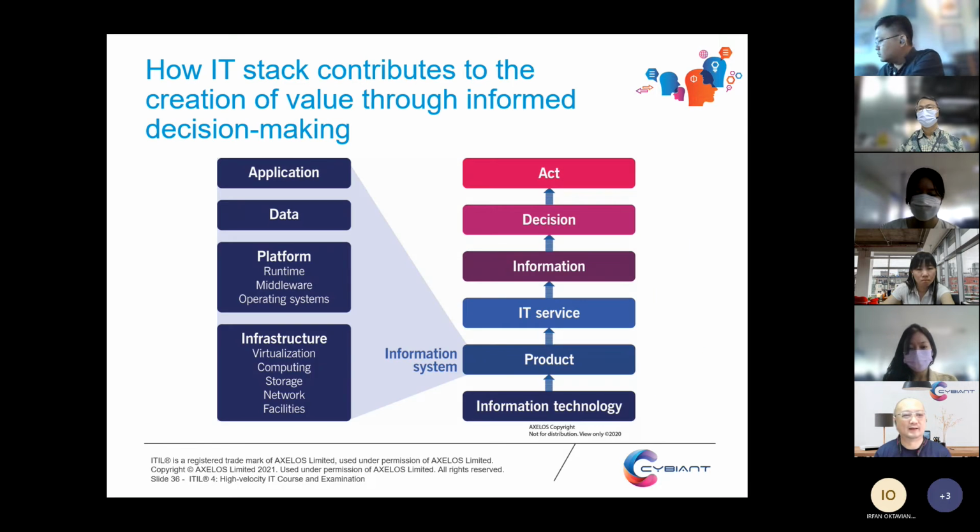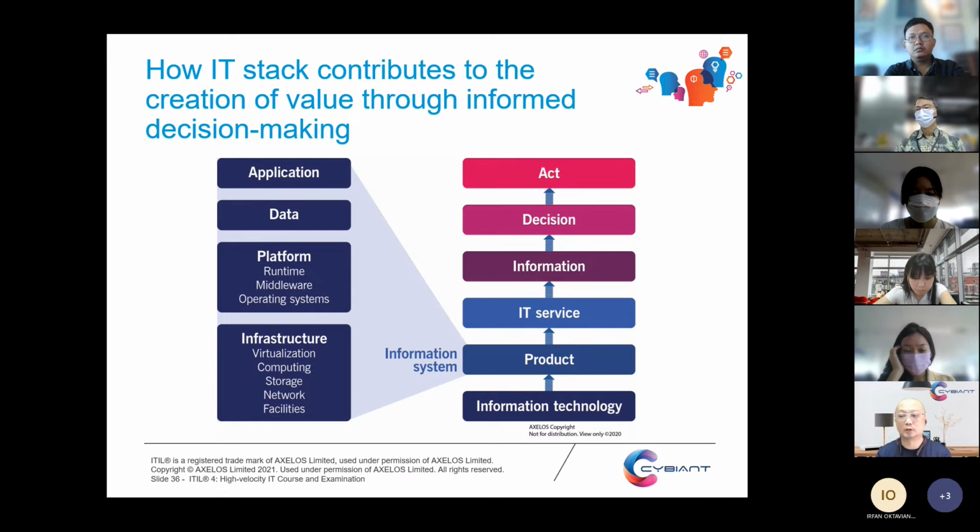Right. Next one. So it talks about how the information technology fits into a product, and how we would need to make a decision whether to invest or not to invest, based on the products that we produce. Like I said, in the banks, I'm sure you have different products. So you may have digital products that you distribute out to your customers.